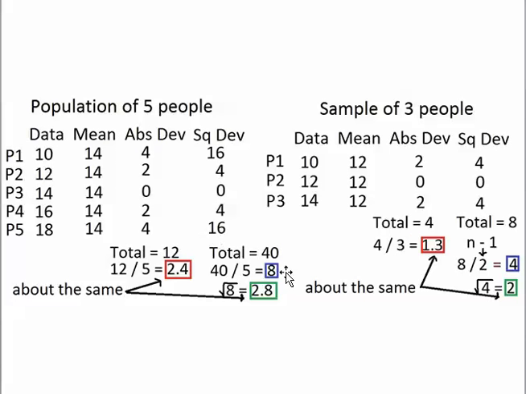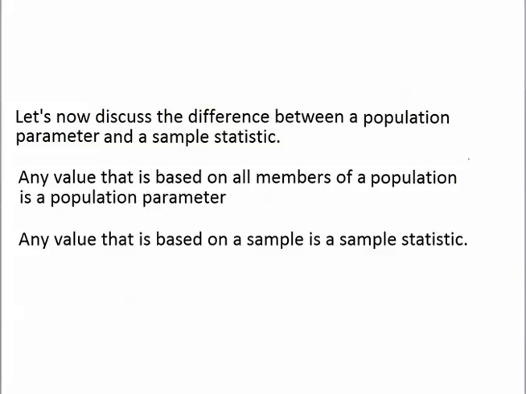When you take the square root of the variance to get the standard deviation, it brings it back down to a number that's close to what the MAD equals. So any value, this is the last point, any value that's calculated with data from an entire population is called a population parameter, and any value that's calculated with data from a sample is called a sample statistic.